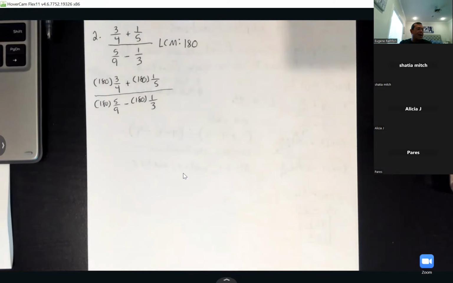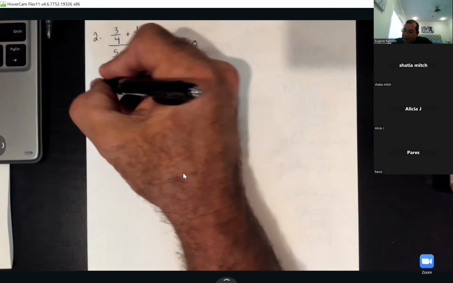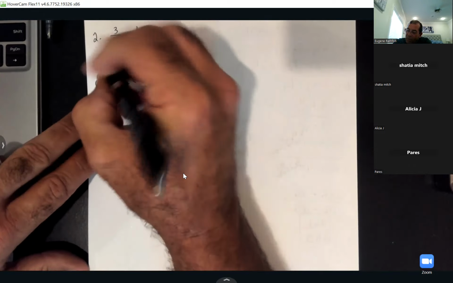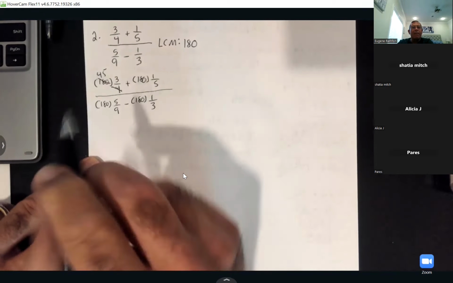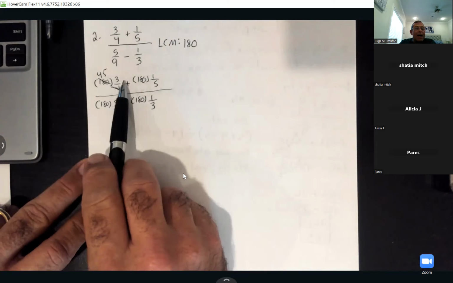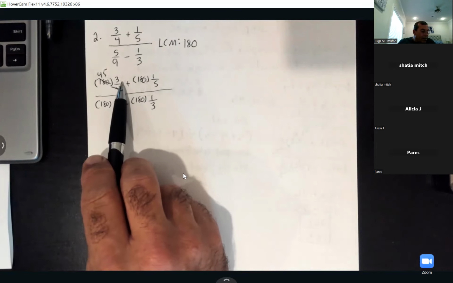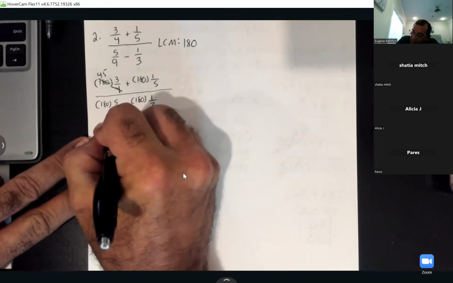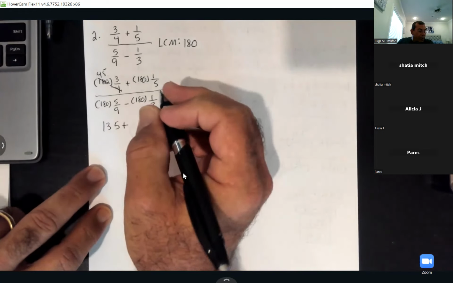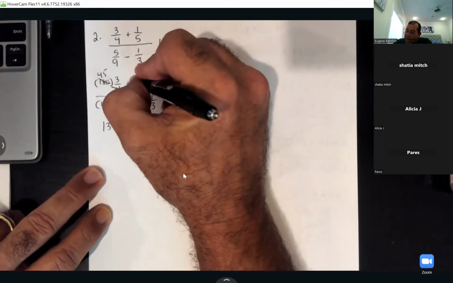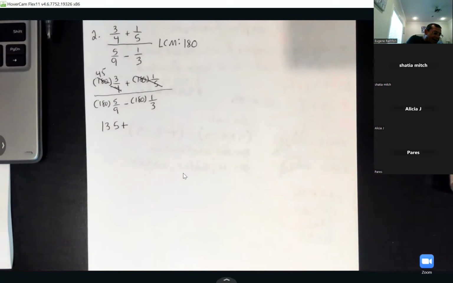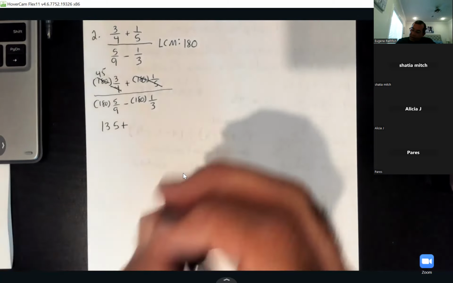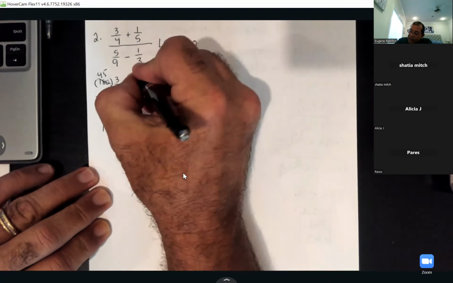180 divided by 4 gives me 45. Then you multiply that 45 times 3, you get 135. Plus over here, 180 divided by 5, let's see what that gives us. That's going to give us 36.